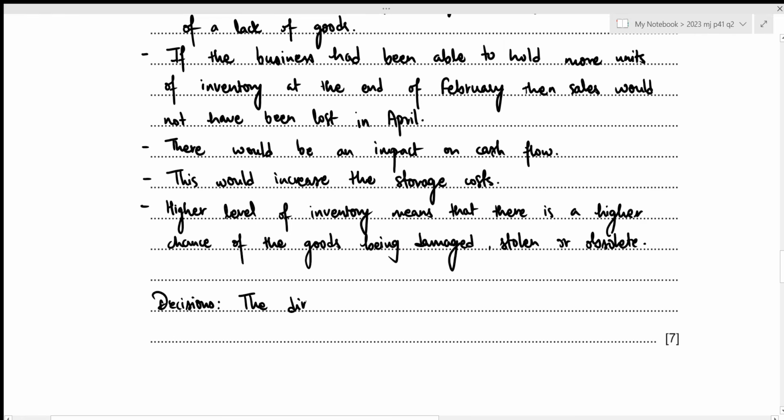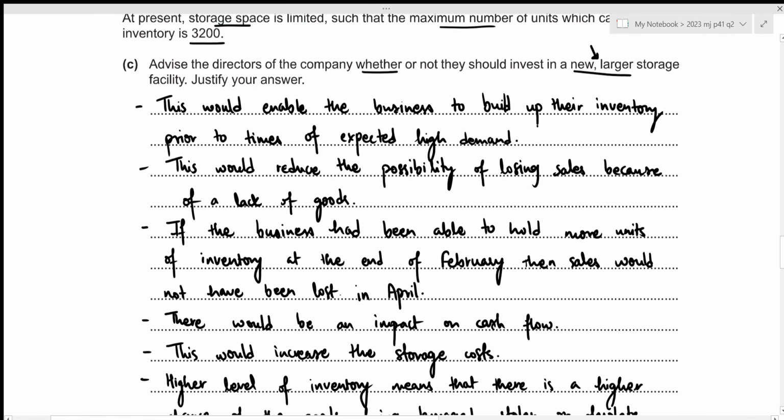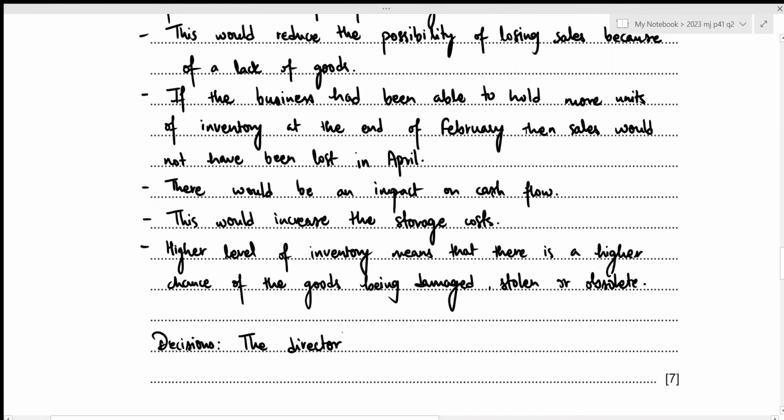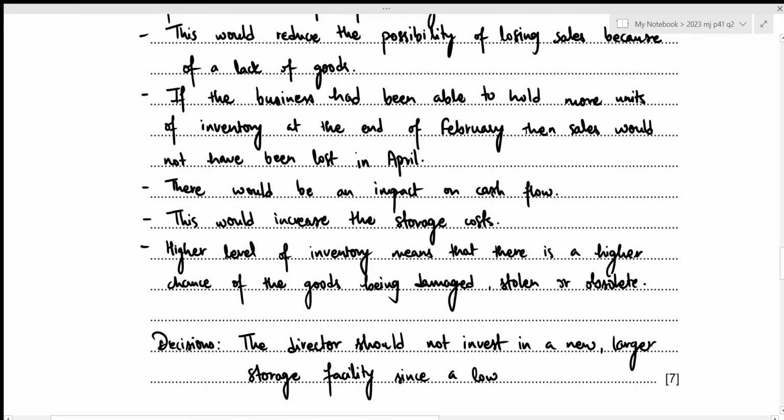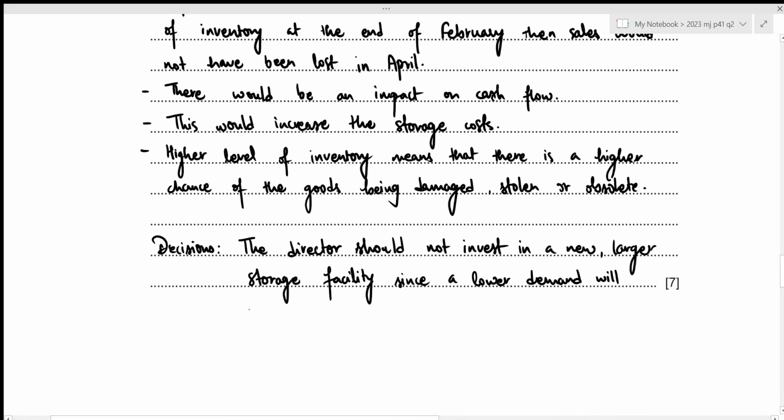So the director should not invest in a new, larger storage facility since a lower demand will result in unnecessary costs.